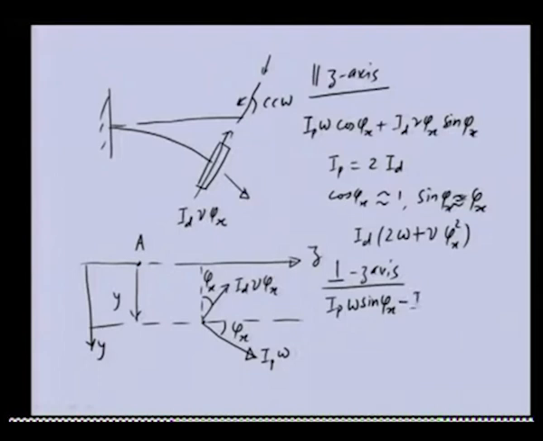So this will be Id nu phi x, then cos phi x. Again, if we apply this simplification of the angle and substitute Ip equal to twice Id, this can be written as Id phi x (2 omega minus nu). So this is one equation, and this is another.